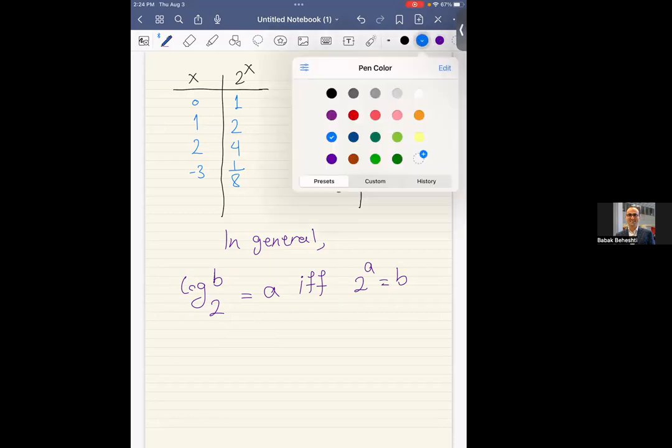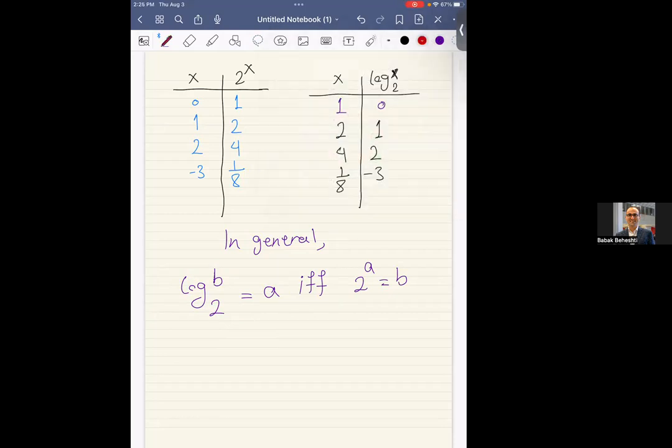So remember, the logarithm of b is equal to a if 2 to the power a is b.